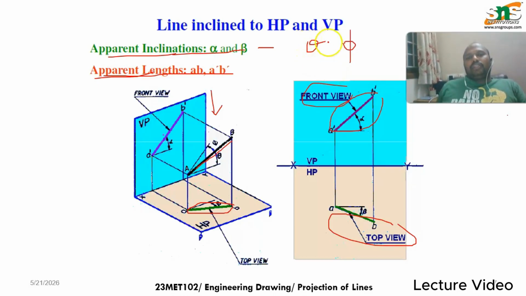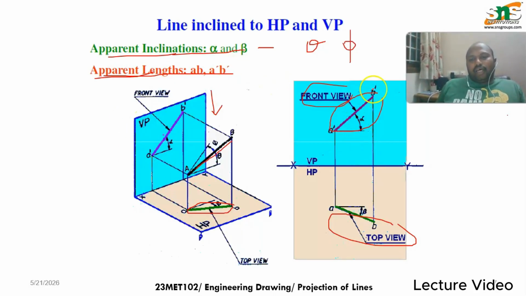Once we know these angles, you can easily find alpha and beta. There is a small loophole: when you draw these apparent lengths, A dash, B dash and A and B, the starting points are on the same line and the ending points are also on the same line.